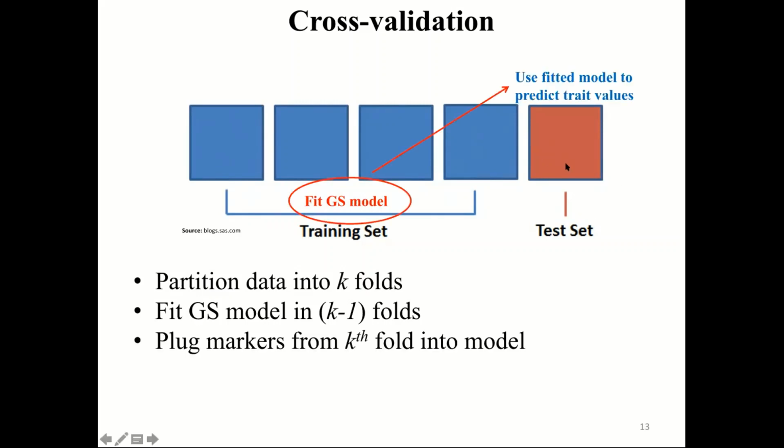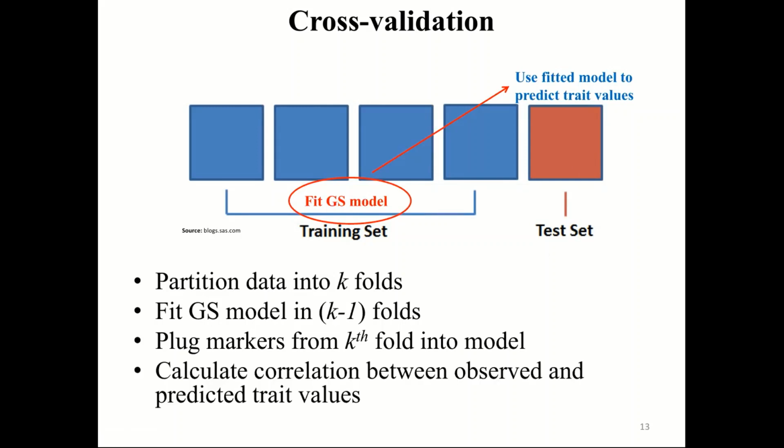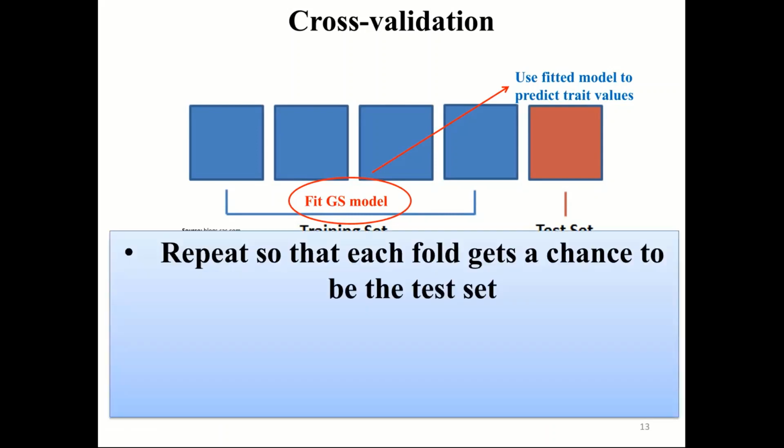Then in your test set, or your validation set, you plug the marker genotypes into this fitted genomic selection model, obtain your genomic estimated breeding values, and calculate the Pearson correlation between your observed and predicted trait values.